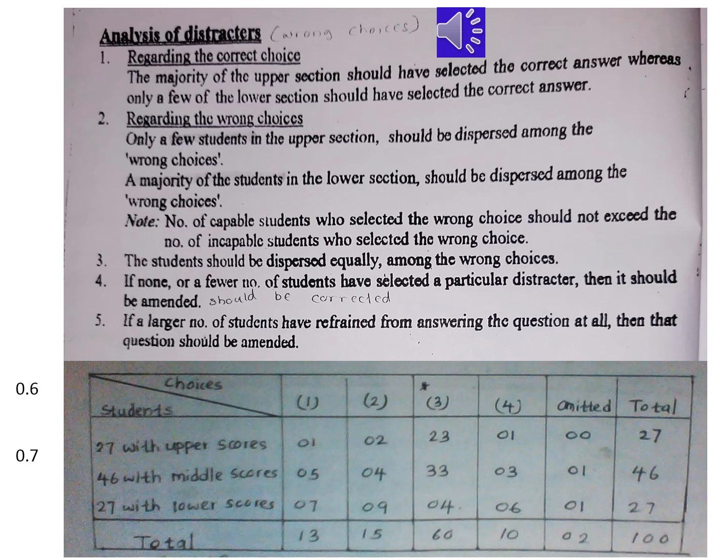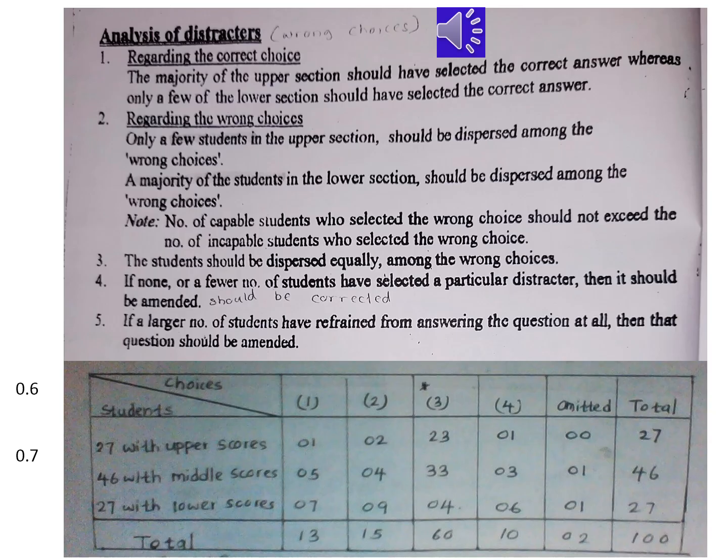Then go through the analysis, the criteria up there, and analyze this question. Regarding the correct choice, what's the statement there? The majority of the upper section should have selected the correct answer.